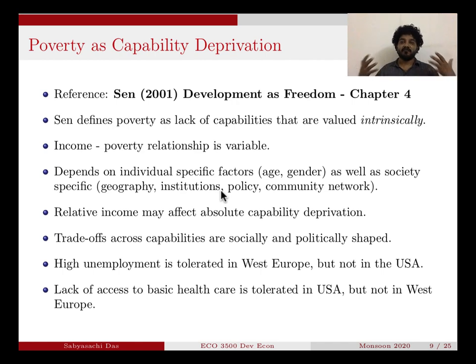In Western Europe, they have robust public health systems which give free access to basic healthcare to all individuals in society, and therefore it seems that Western European countries are really invested in healthcare as facilitating certain capabilities. So the relative emphasis on various different things by different societies is interesting because it tells us about what societies care about more versus others in terms of trading off capabilities within this set.